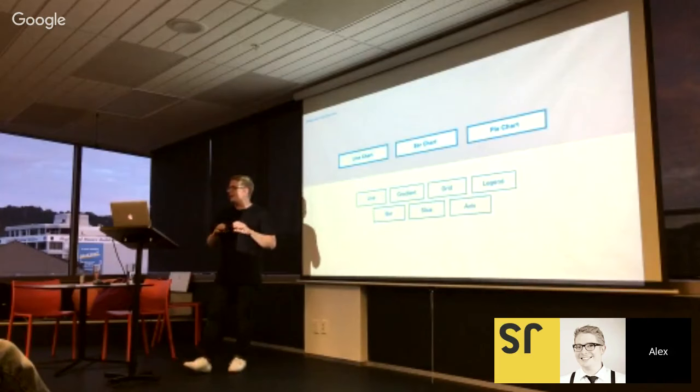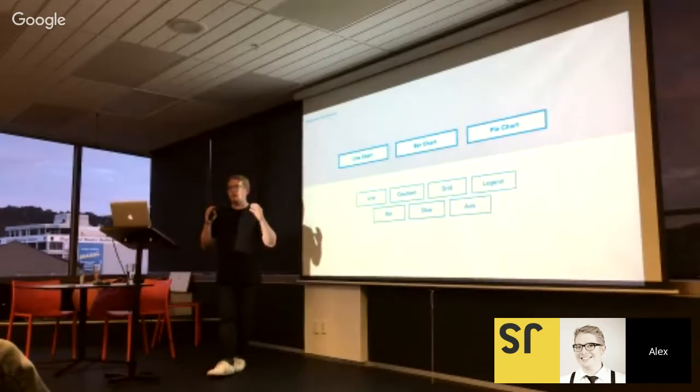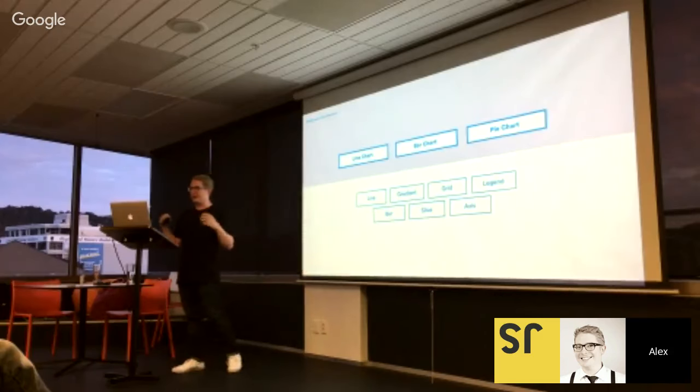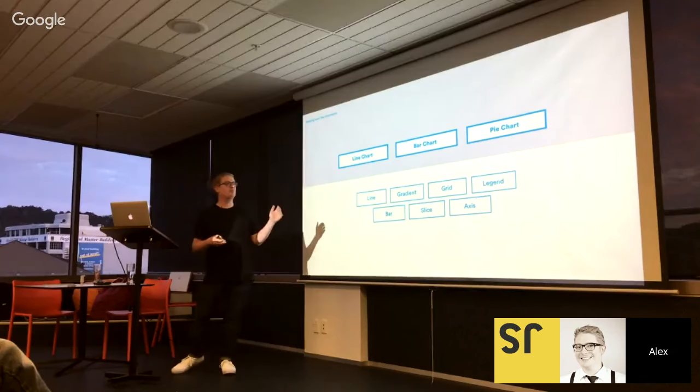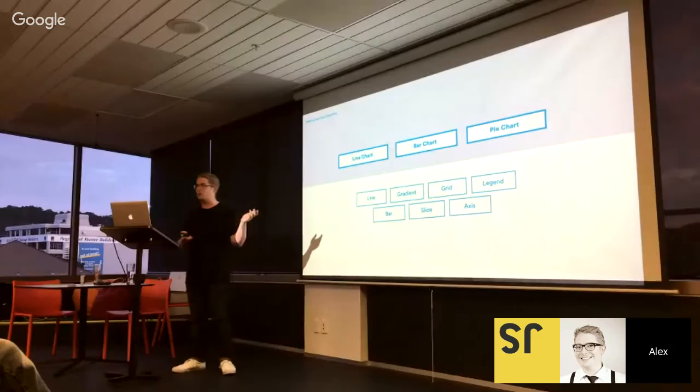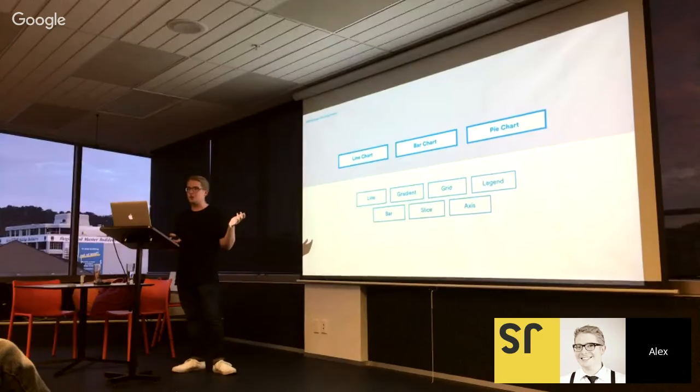So I started to break out the maths from the rendering. And mostly it worked out that a lot of the maths functions that were going on in D3 were specific to a line chart, a bar chart, a pie chart, but the elements below a lot of the time didn't care what was happening in that top element.